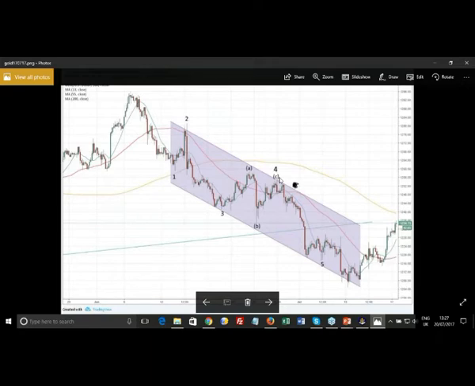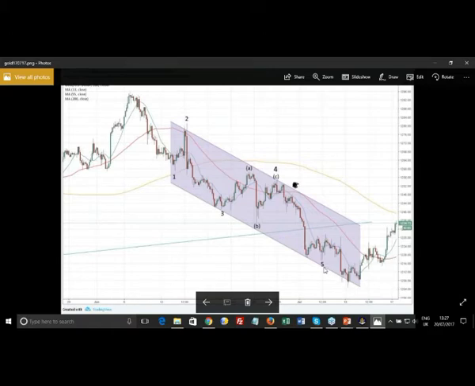So the next logical move was a decline for the 5th wave, and I put it here, that 5th wave. If you are looking to go long, you would wait for that 5th wave to be complete before going long. As you can see, it's not the low. The low is further down.